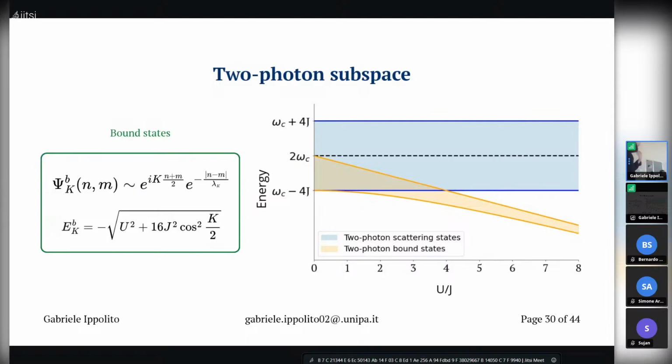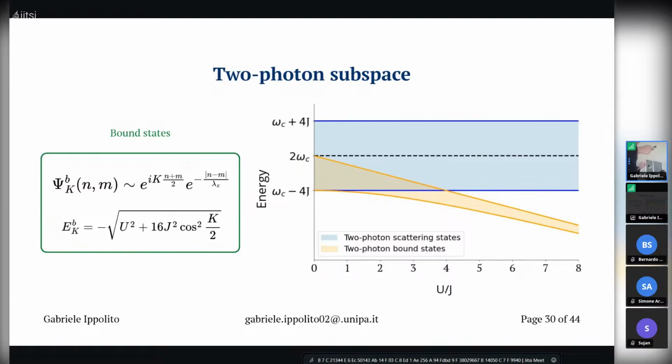Now, with a quadratic interaction where an atom can directly emit 2 photons, the question is quite natural. Can an atom quadratically coupled to the field directly, as a first-order process, emit a 2-photon bound state? And the answer is yes. We observe the formation of the 2-photon bound states as a first-order process.